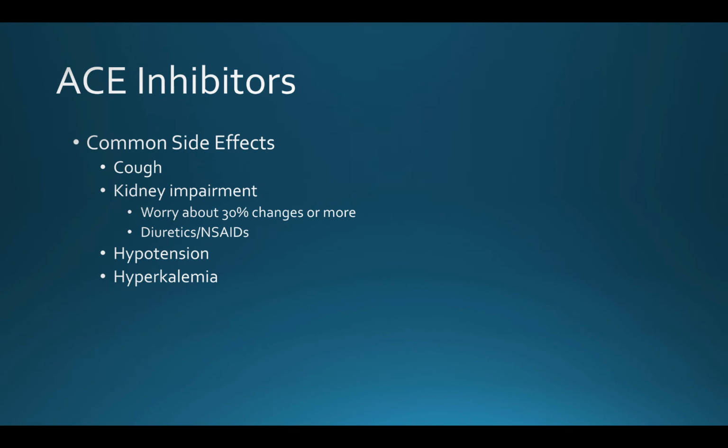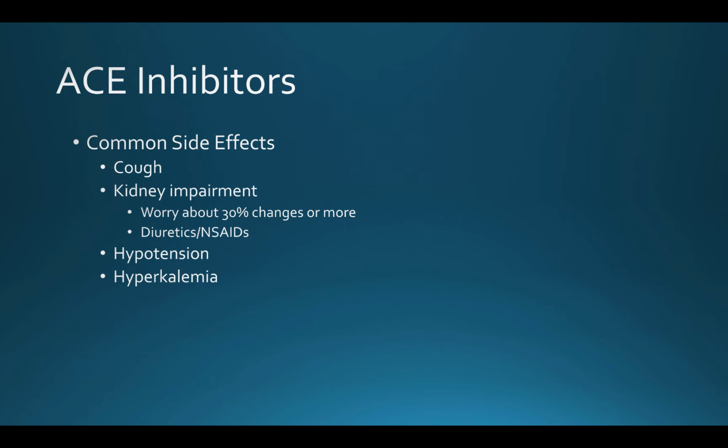Side effects, cough. If you ever get presented a case and a patient's got a cough, and it's a dry, hacking cough, and they don't have an acute infection going on, you got to look through that med list and see if you notice an ACE inhibitor.